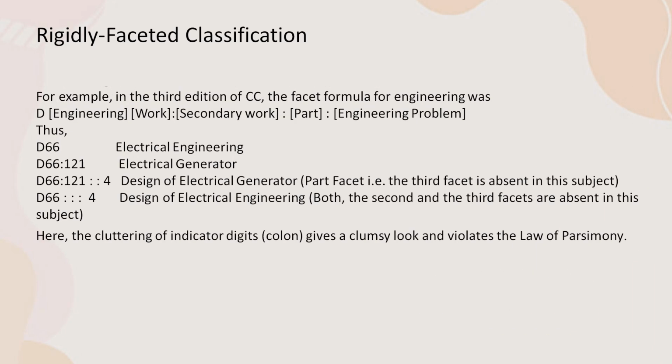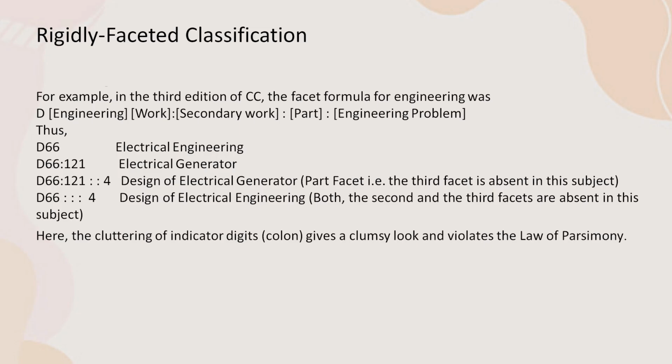For example, in the third edition of colon classification, the facet formula for engineering was D, engineering, colon, work, colon, secondary work, colon, part, colon, engineering problem. As in that edition, the only connecting symbol was colon.